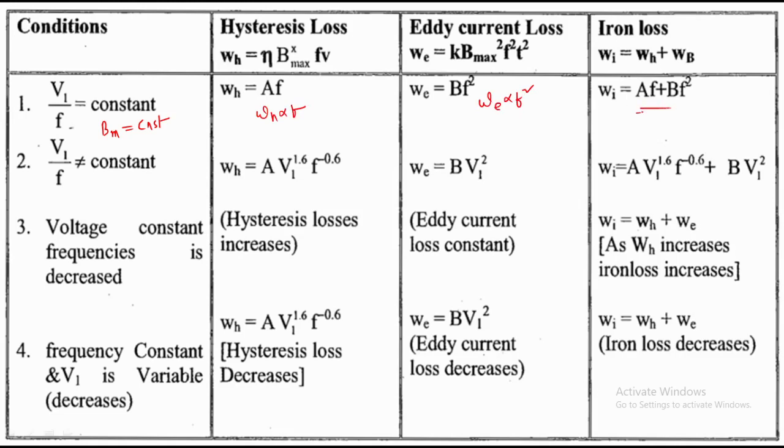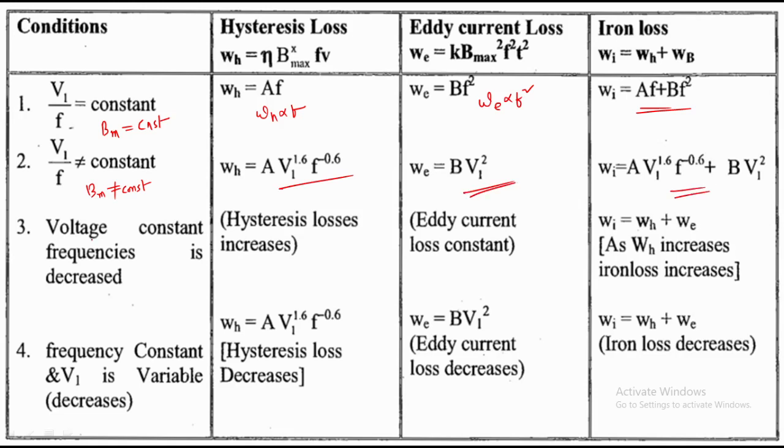This is the summation of these two. What is the second case? B max is not constant, that is, the voltage by frequency ratio is not constant. In that case, hysteresis loss is proportional to voltage and frequency, but eddy current loss is proportional to the square of the voltage, and this is the summation of these two.